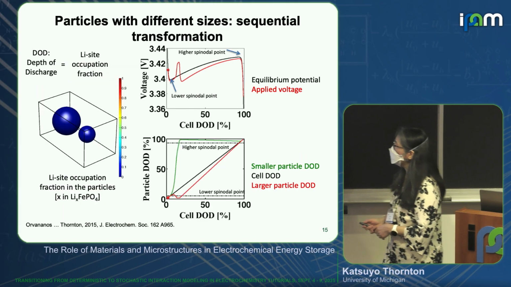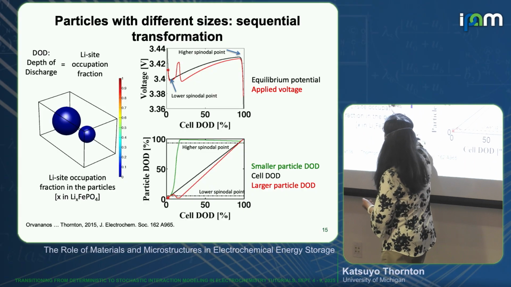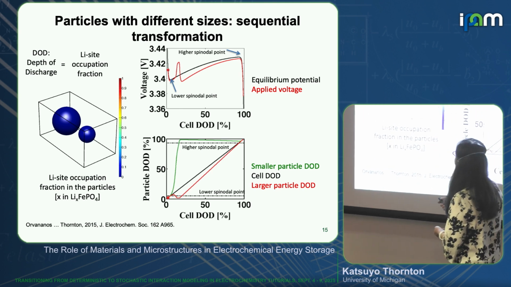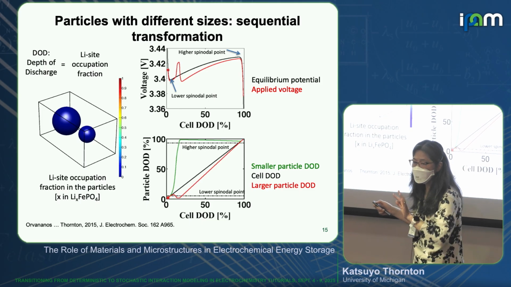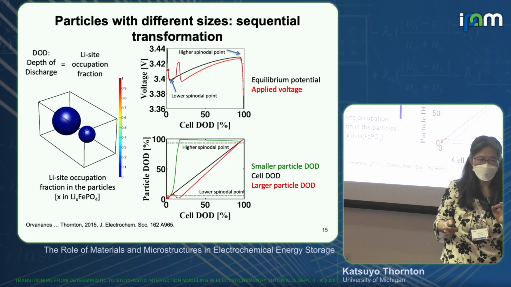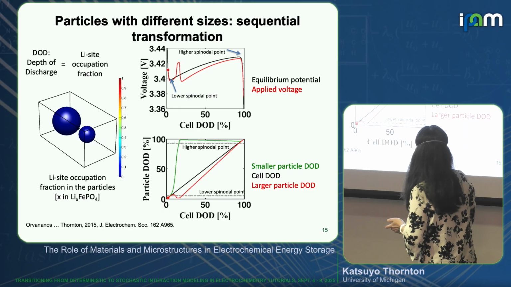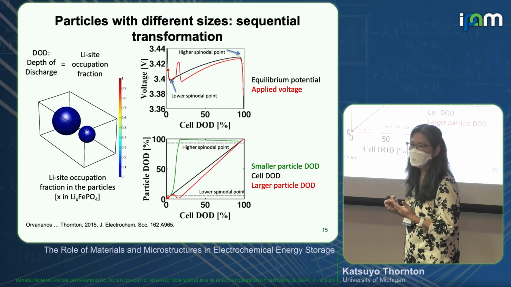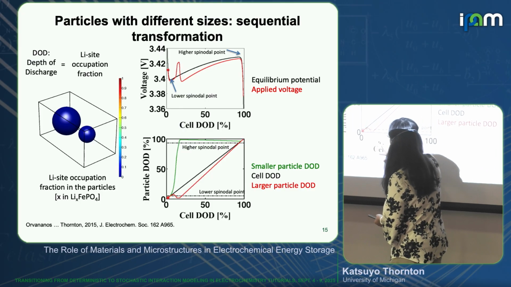So here is a simulation setup. This is just two particles, one small particle and one larger particle. A note on DOD, which is depth of discharge: it is equal to the lithium site fraction of a particle. Or if it says cell DOD, it is the overall lithium site fraction.